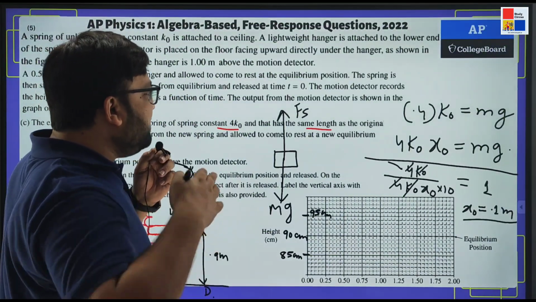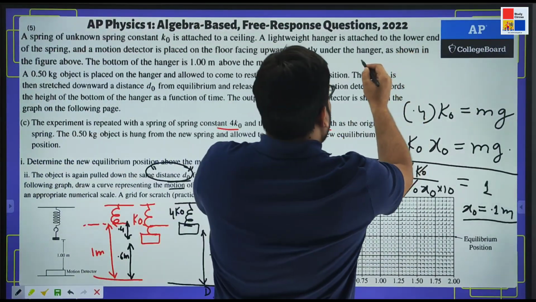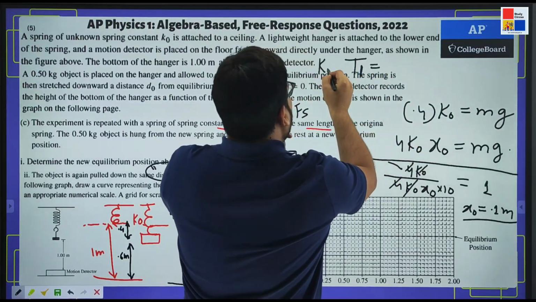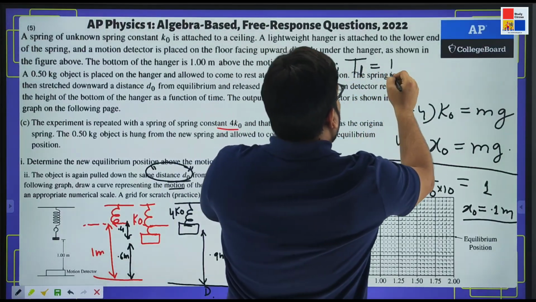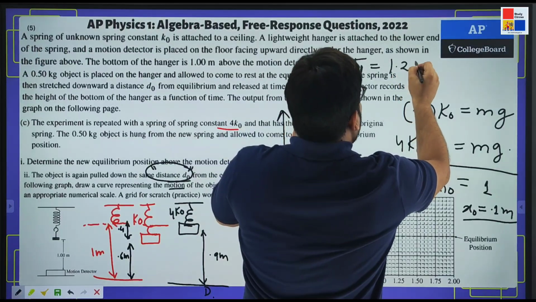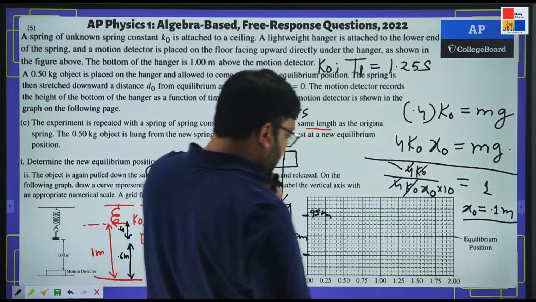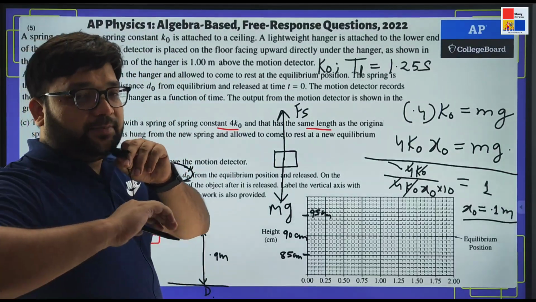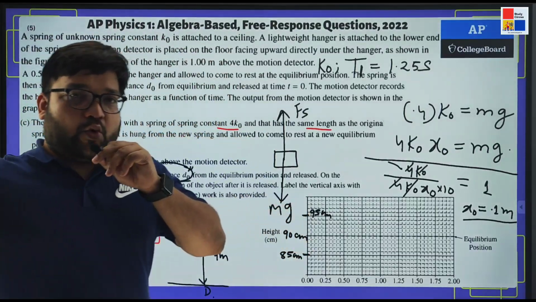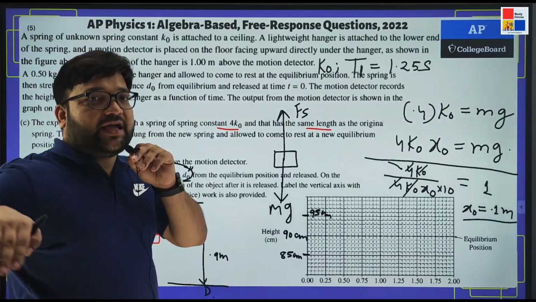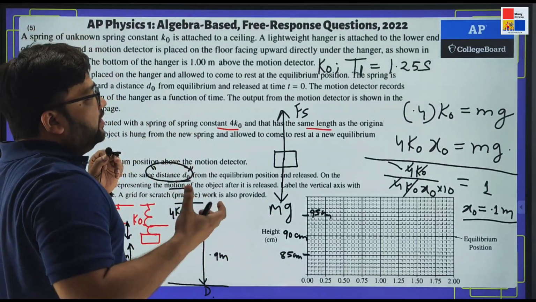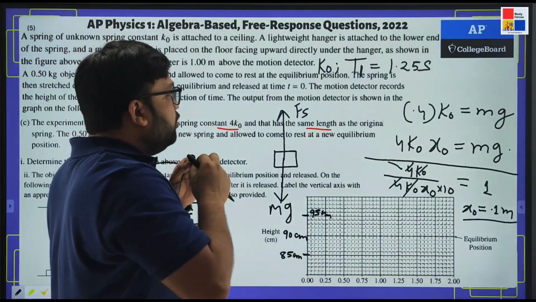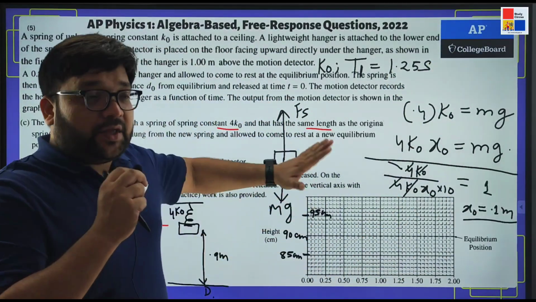What about the time period? In the earlier case, when you had a spring of spring constant K naught, the time period was 1.25 seconds. That means the curve completed one cycle in 1.25 seconds. Now we have to find the time period in this case.